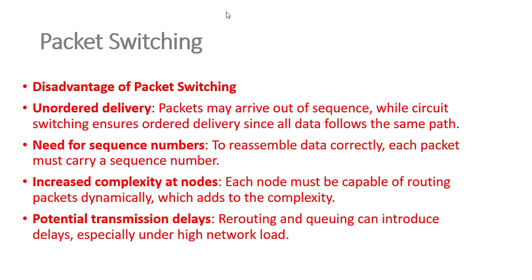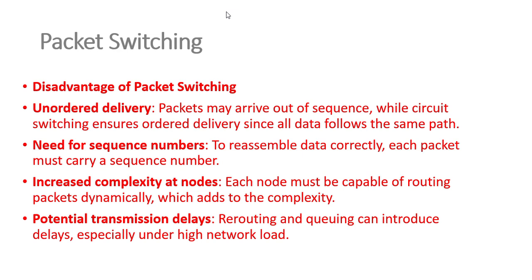So these are the disadvantages, like unordered delivery. Packets may arrive out of sequence. So that is one disadvantage. Then there is a need for sequence numbers. If the sequence number is not allocated, then reassembling of packets will not be done properly. Then it increases the complexity at nodes, because each time it has to be stored and forwarded.